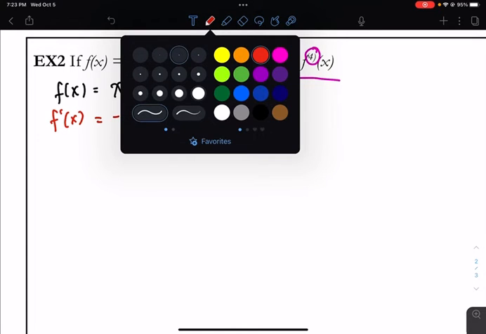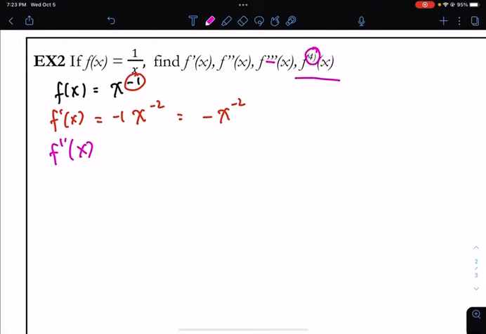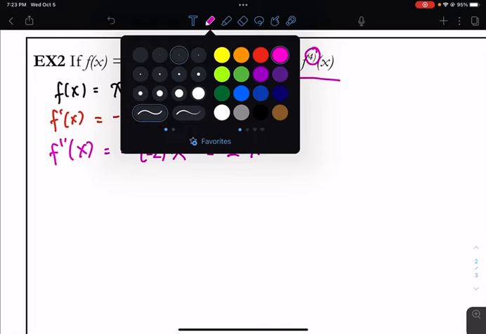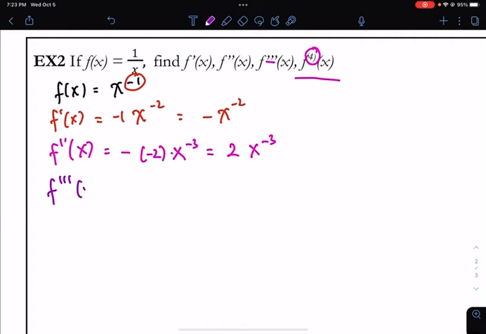If we want to find the second derivative, then we're going to multiply the negative with negative 2 times x to the power of negative 3, so it becomes positive 2 x to the power of negative 3. If we want to find the third derivative, we're going to multiply 2 times negative 3, because the power was negative 3, and the power decreased by 1, so now we have negative 6 x to the power of negative 4.